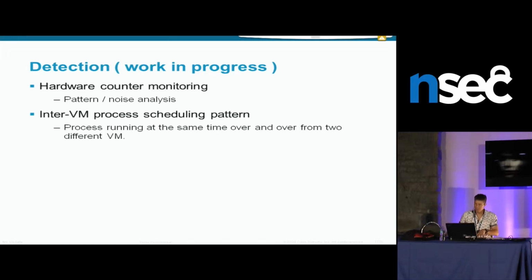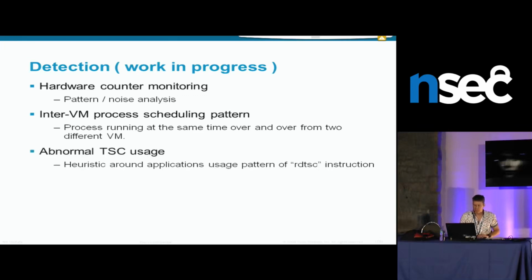So in theory, we can set some heuristic in the kernel to detect that type of scheduling pattern. Abnormal TSC usage is another thing. My implementation uses lots of read TSC to set up the timing and so on. So if there is abnormal TSC usage, red flag.